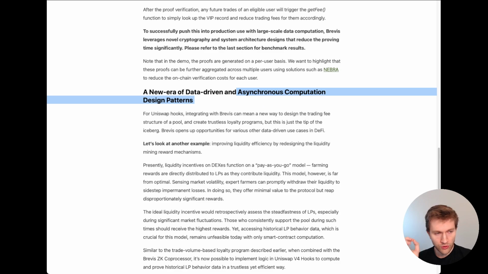So yeah, I think this is a really nice use case, and great that they're highlighting that the computation design patterns here are synchronous. And the asynchrony, how does that play out here? I think we saw it in the video when the user wants to assert that they fit in a given loyalty tier, they then have to trigger the proving to happen, right?